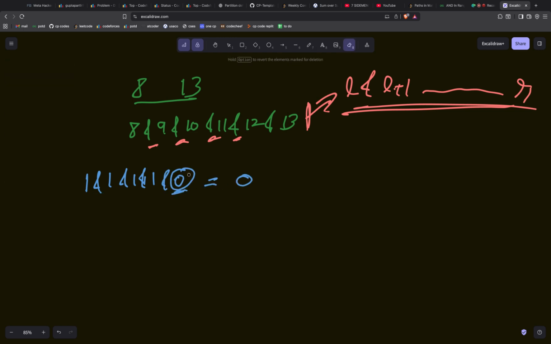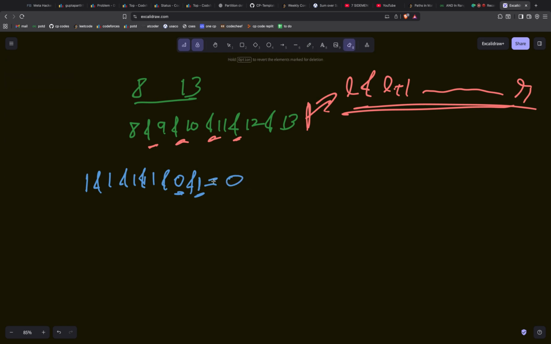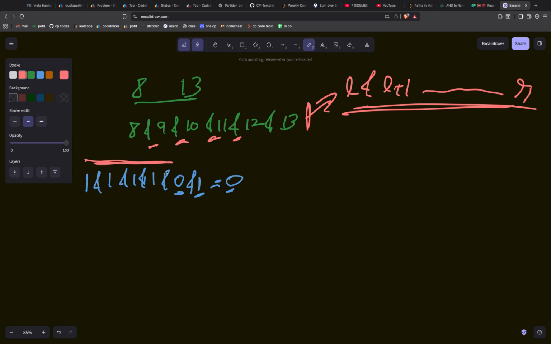And after becoming 0, I cannot do anything with bitwise AND, because I cannot add another one and say they cancel each other out. No, this would remain 0. So should I not focus on the 0 rather than on ones? Is there a 0? If there is a 0, the bitwise AND would be 0.